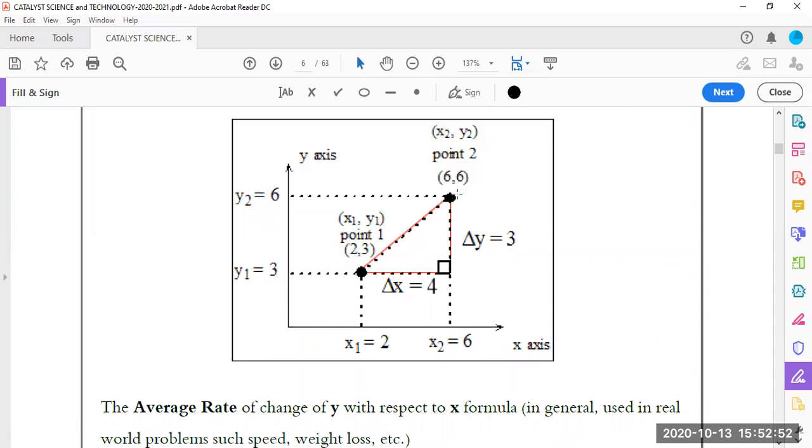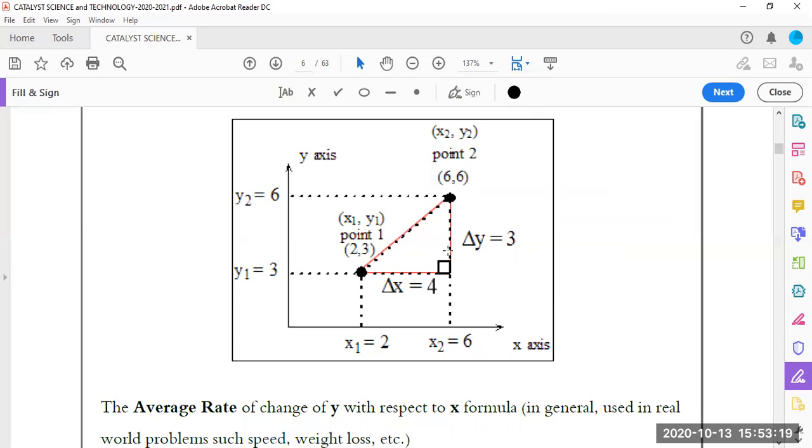It's similar to this one in math. You have delta y, if you consider this the concentration, and you have delta x, if you consider this the time. So you take that change in concentration, delta y, divided by the change in time for that change in concentration.